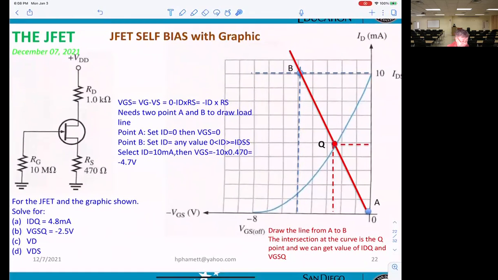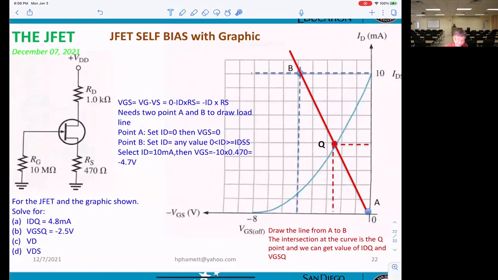I just want to make sure, I'm trying to tell you what we can do. This is self bias. And for self bias, they must give you the graph here, the curve for ID.